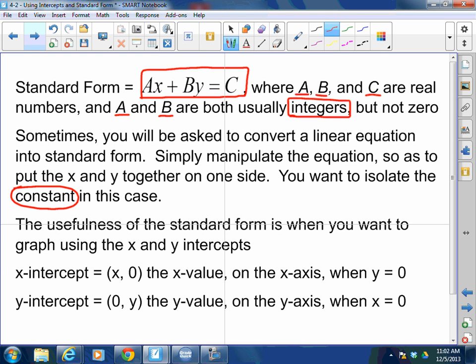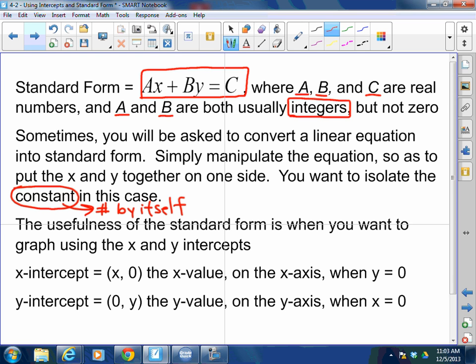Remember that a constant is just a number by itself, like the number 5 or negative 18 or 12. That's what you want all by itself when you write a linear equation in standard form. You want the x and the y together on one side, and you want the constant all by itself.